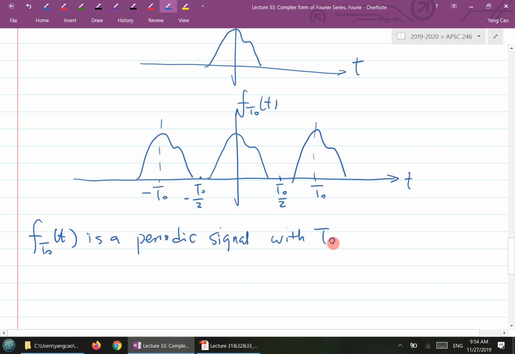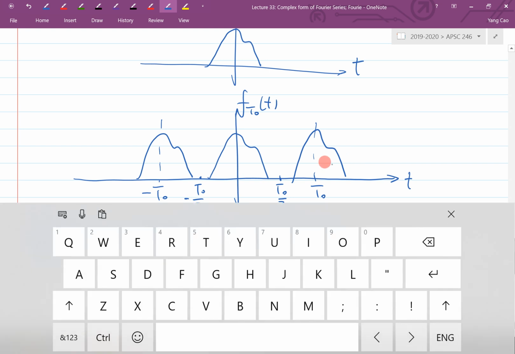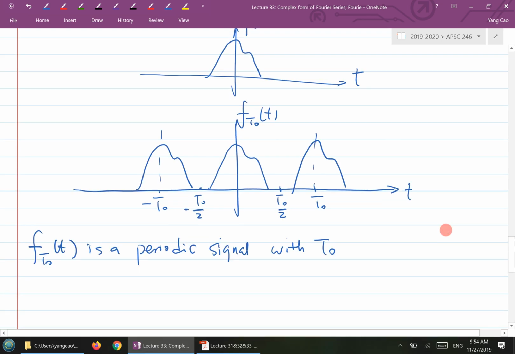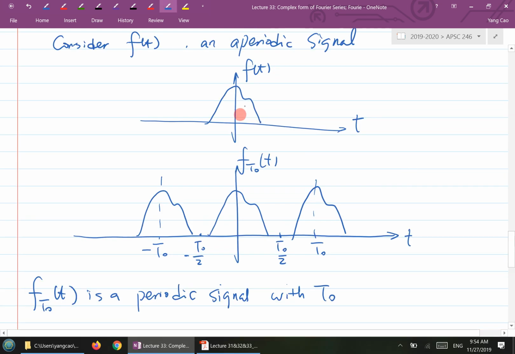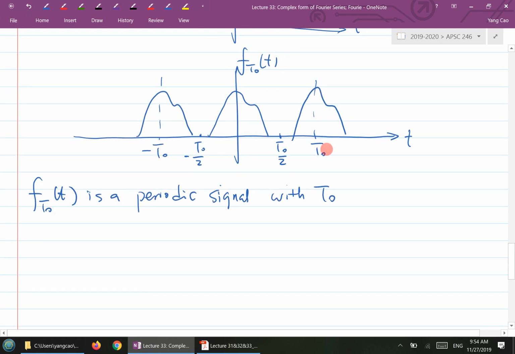But there's a connection between this periodic function and the original aperiodic function. So the connection is this. If we let t naught go to infinity, then what happens is the next bump will go to the left or right, infinitely further and further away.